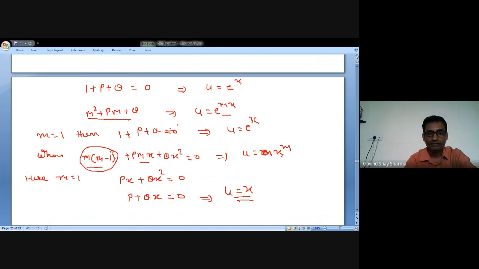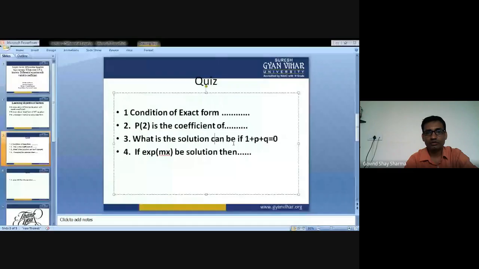Okay, so again we come to the question: what is the solution when 1 plus p plus q is equal to 0? I just told you the method to find the solution. It is y equal to e to the power mx.